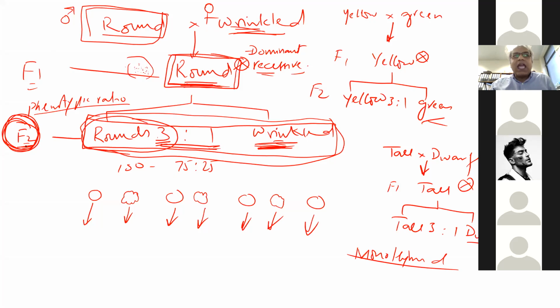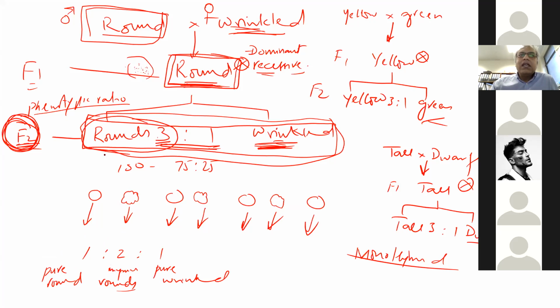However, when you used F2, random 100 individuals, and you tried to see what kind of progeny they have, what he discovered was that the ratio turned out to be 1:2:1. 1 pure round, 1 pure wrinkled, and 2 impure rounds.